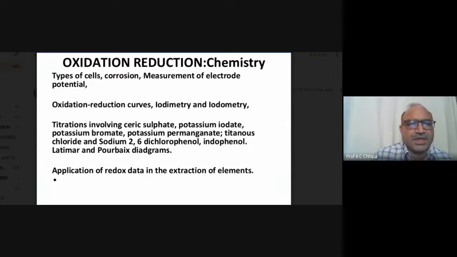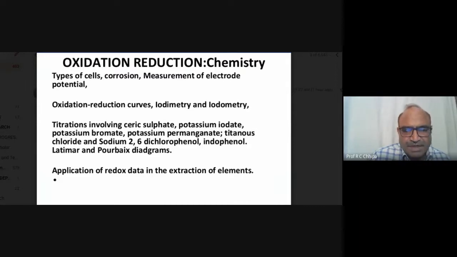These are where redox reactions occur. Next, titrations involving other examples: ferric sulfate, potassium iodate, potassium bromate, potassium permanganate, titanium chloride, sodium 2,6-dichlorophenolindophenol, and Pourbaix diagrams.